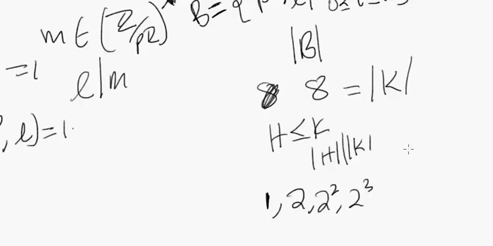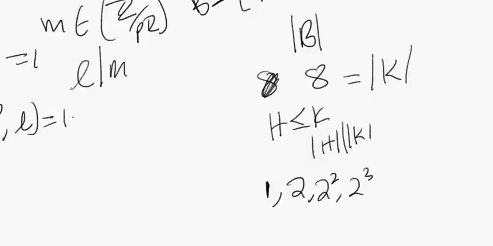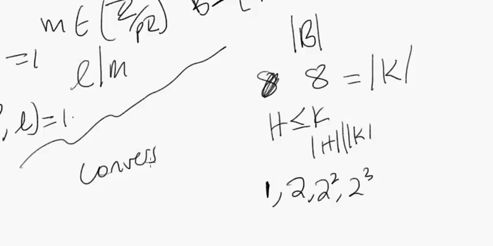Okay, question: is it necessarily true that every divisor of the order of the group corresponds to a subgroup? That is, if 2 squared divides 8, there must be a subgroup of order 2 squared. That would be the converse of Lagrange's theorem, and we're not sure if it's true or not.